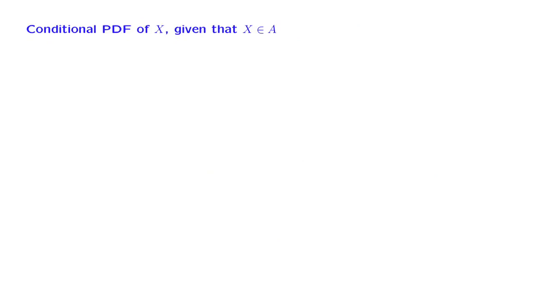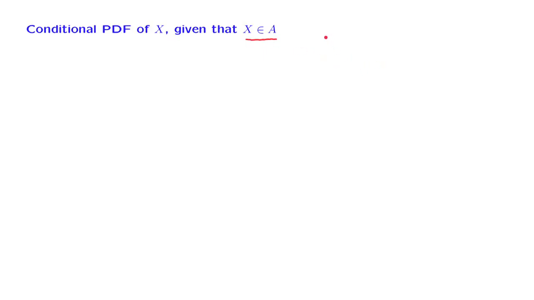When we condition on an event, and without any further assumption, there is not much we can say about the form of the conditional PDF. However, if we condition on an event of a special kind, that X takes values in a certain set, then we can actually write down a formula.